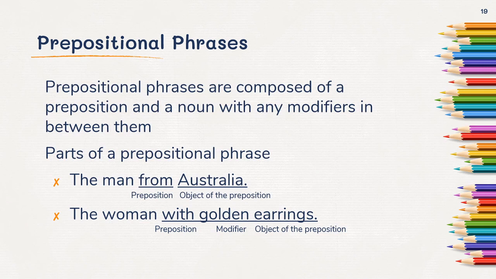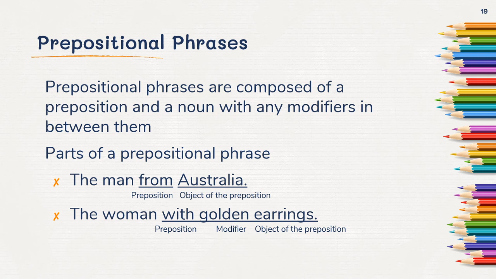Now, let's talk about prepositional phrases. They are composed of a preposition and a noun with any modifiers in between them. So here, let's dissect or pull apart what goes in a prepositional phrase. The man from Australia, the woman with golden earrings.